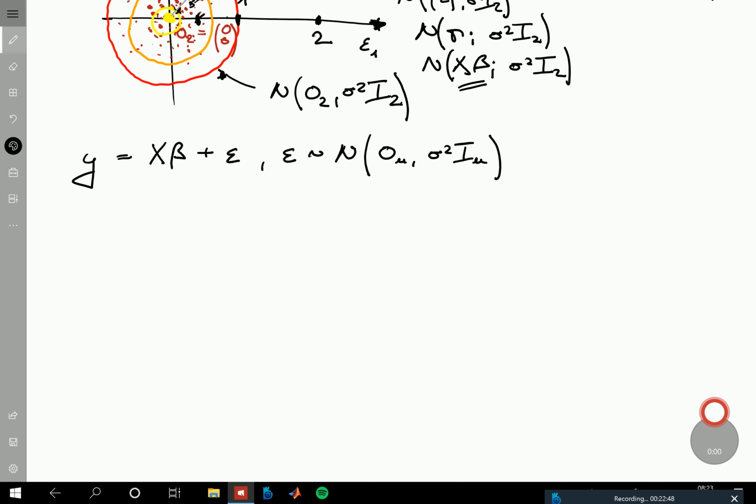Then saying this is the same as saying that y is distributed according to an n-variate normal distribution with expectation parameter X beta and spherical covariance matrix.